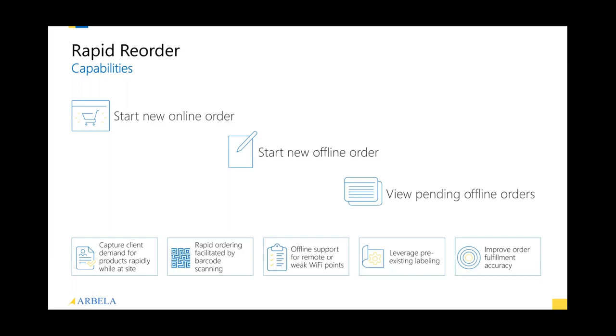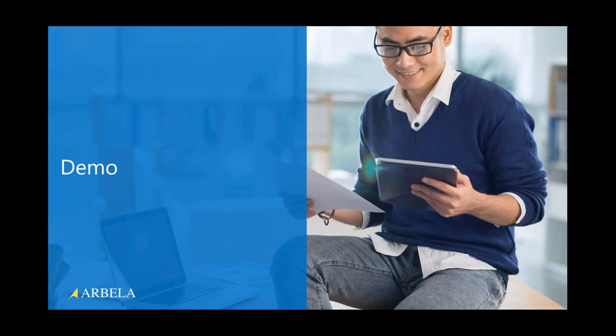Today we're going to focus on UPC and EAN numbers, but as we mentioned, it is very extensible, a very easy, lightweight way to increase your fulfillment accuracy and optimize this customer reordering supply chain relationship you have with your clients. So with that, I will dive into the demo.